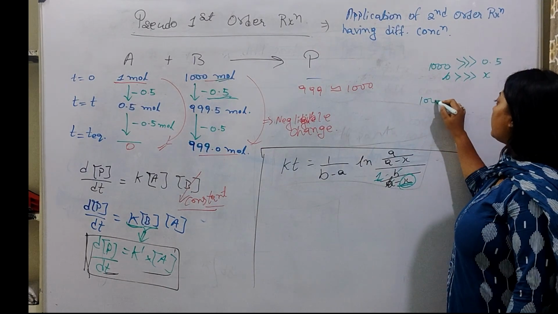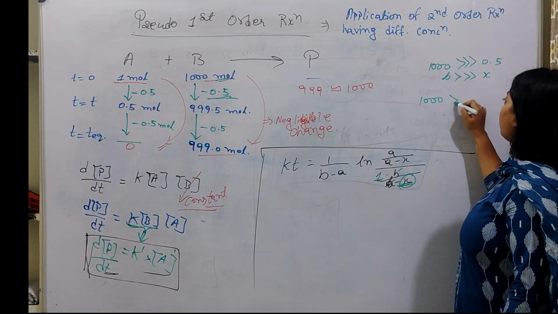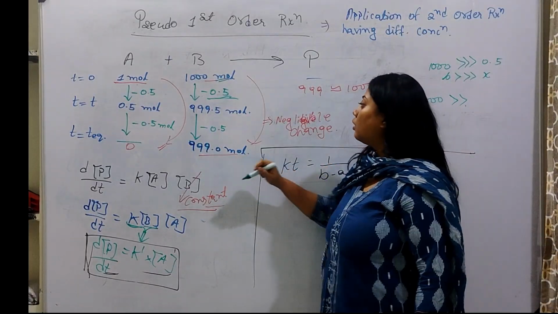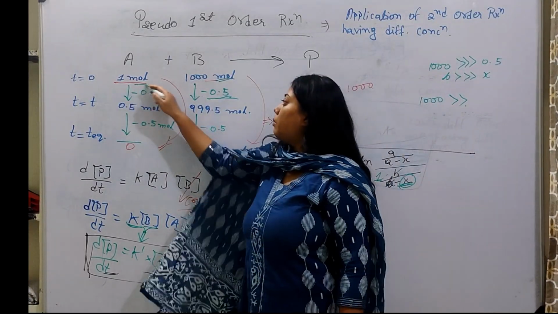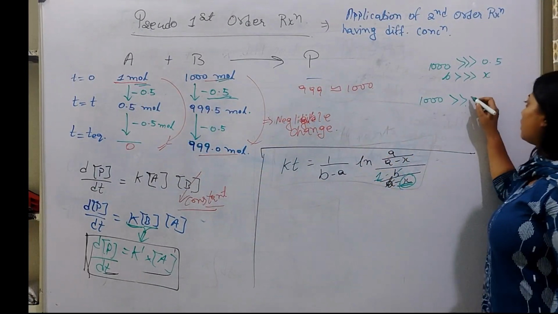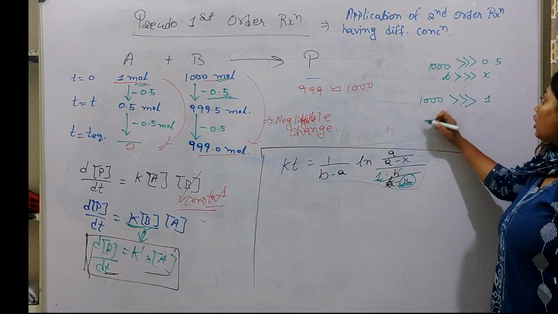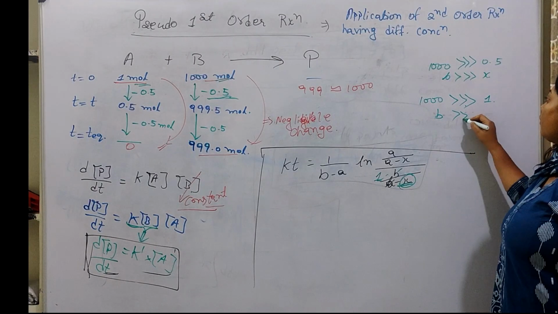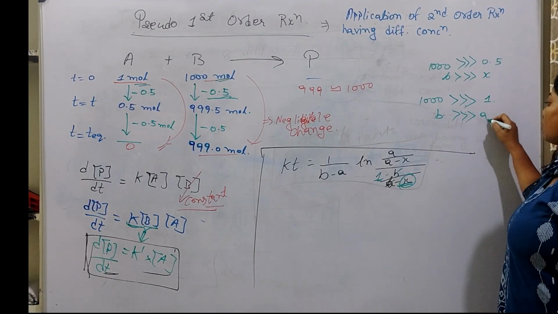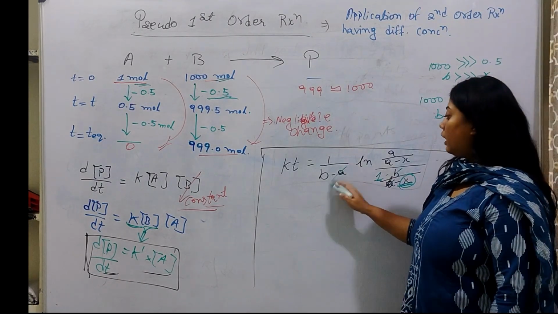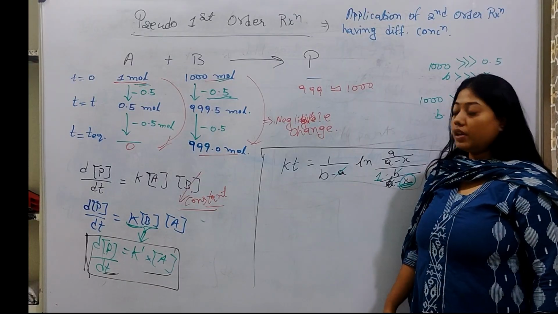Again, let's compare 1000 with 1 molar. Okay, again we can consider that 1000 is far greater than 1. So we can conclude that B is again far greater than the concentration of A. Then again A will be taken as a negligible amount.